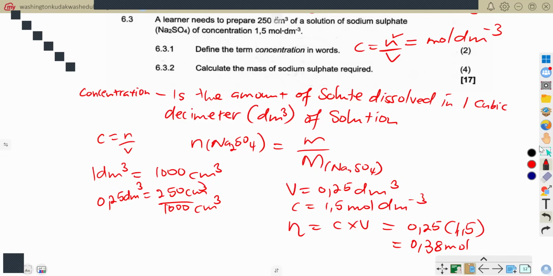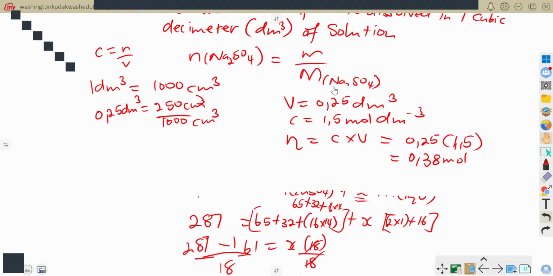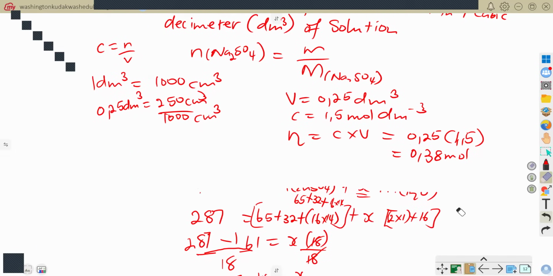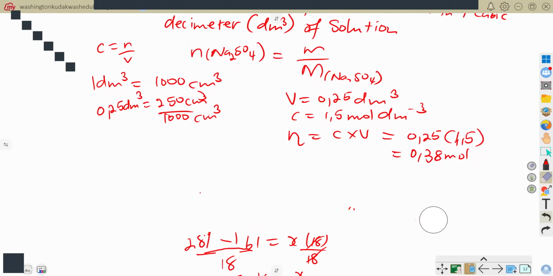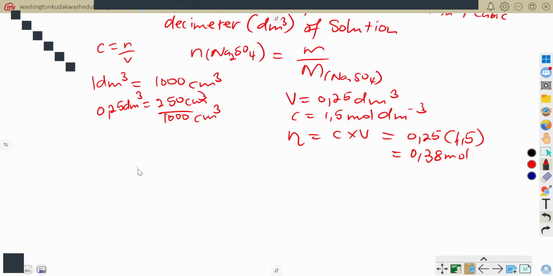And then after that, you would use this same number of moles to calculate the mass of sodium sulfate. Now you know that the number of moles of sodium sulfate is equal to the mass that I'm looking for over the molar mass of sodium sulfate.